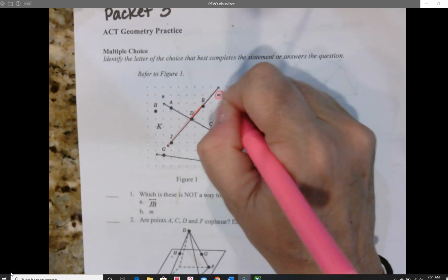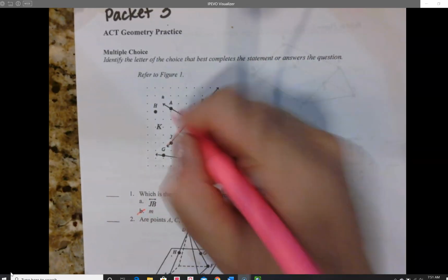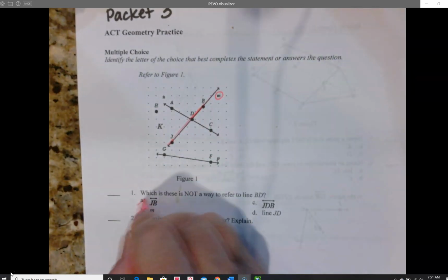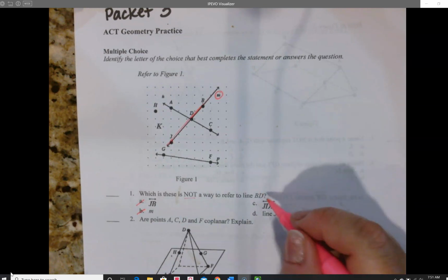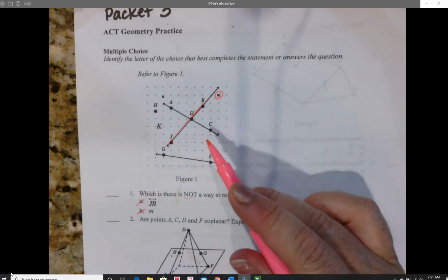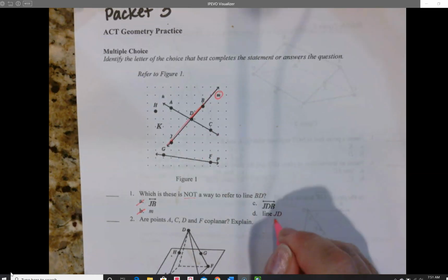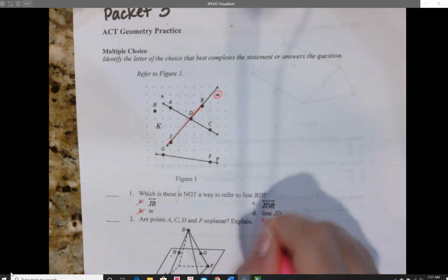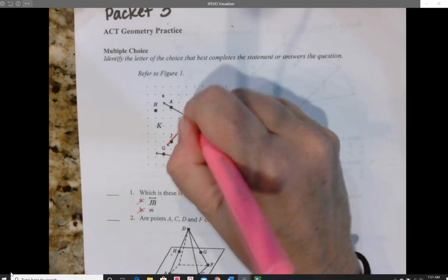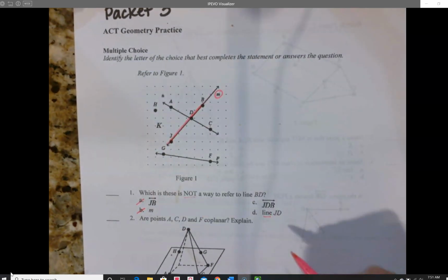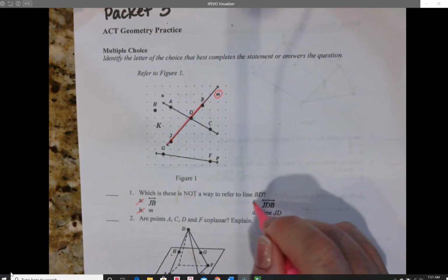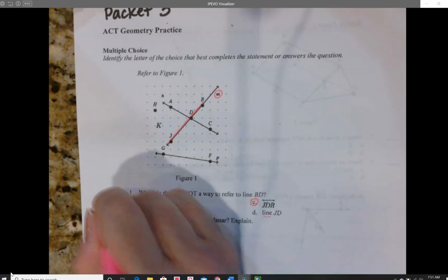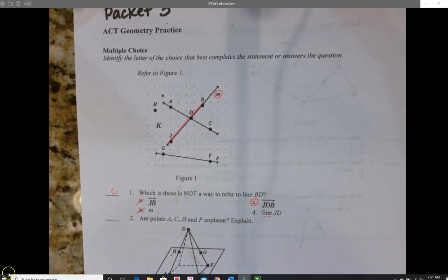So we can call it line M. We can use the 2-letter name JB, that refers to the same line, and since I'm looking for a way to not be BD, then JD, line JD, that's okay. You need something to symbolize that it's a line. JDB is the one that I don't like because we don't use 3-letter names for lines.